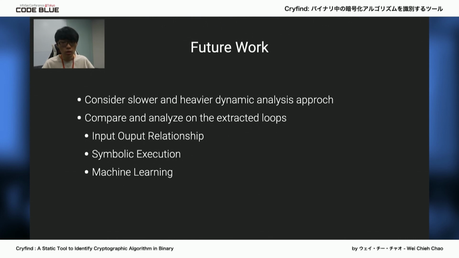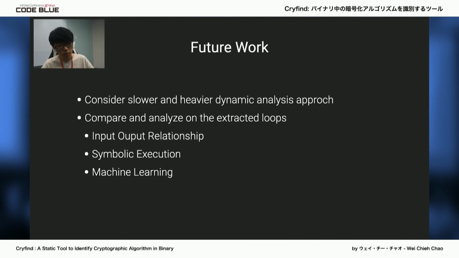We suggest there are 3 possible ways of doing this. One is to study the input-output relationship, comparing it to a sample cryptography implementation. The other method is to do symbolic execution on the loops, which may be very heavyweight, but may find more robust evidence of the loops of the cryptography algorithm.